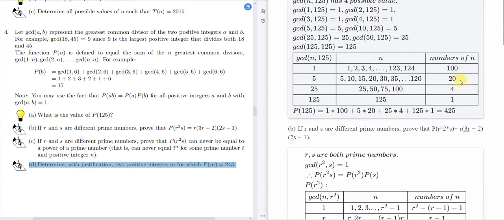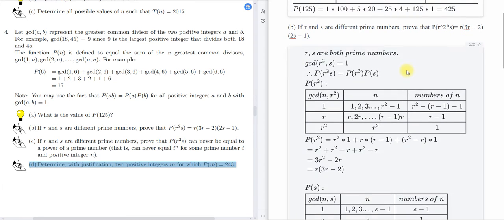Okay, let's see part B. If R and S are different prime numbers, prove that P(R squared times S) equals R times (3R minus 2) times (2S minus 1).